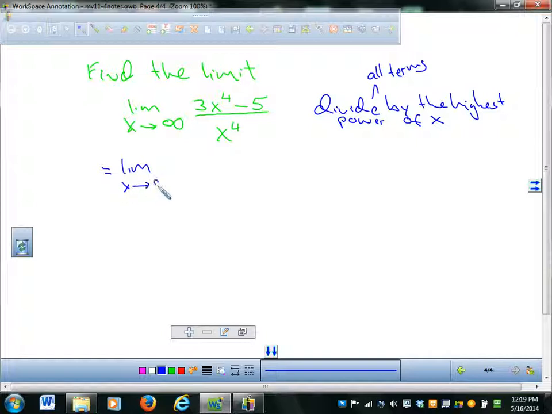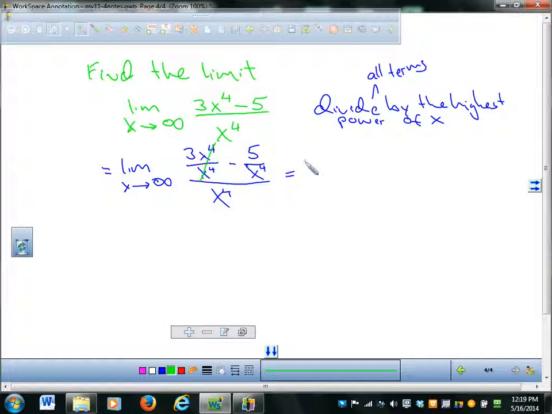The limit as x goes to infinity of 3x to the 4th divided by x to the 4th, minus 5 over x to the 4th, all over x to the 4th. Okay? Now when I do this, what can I do right here for these ones? I can get rid of x to the 4th, right?